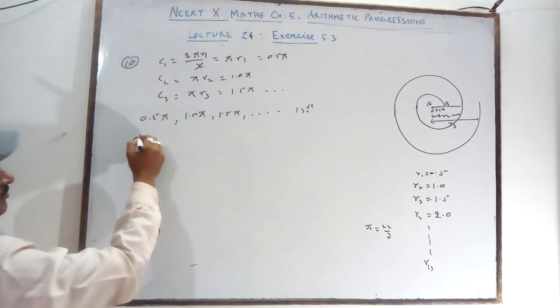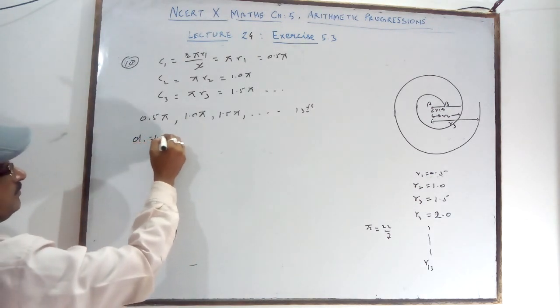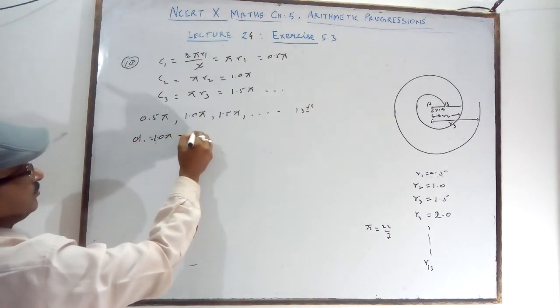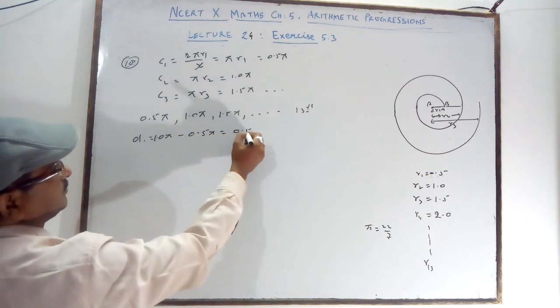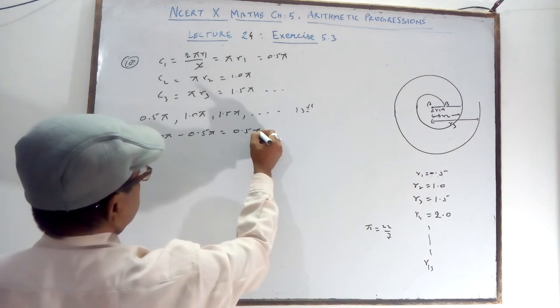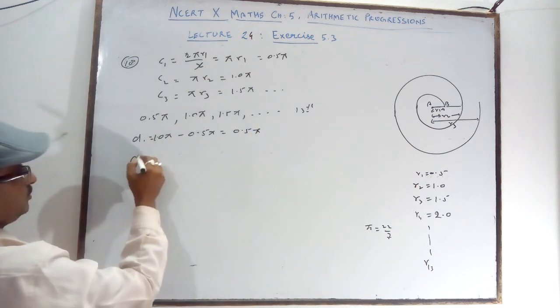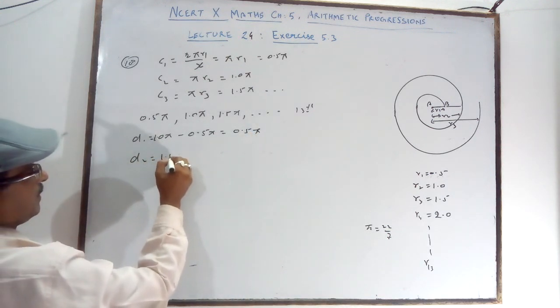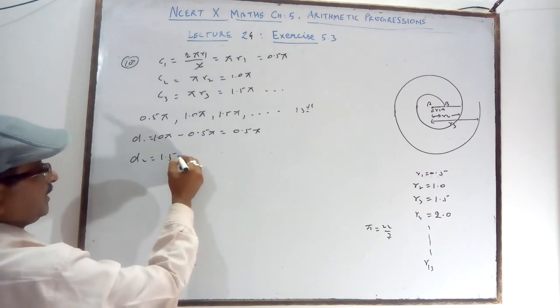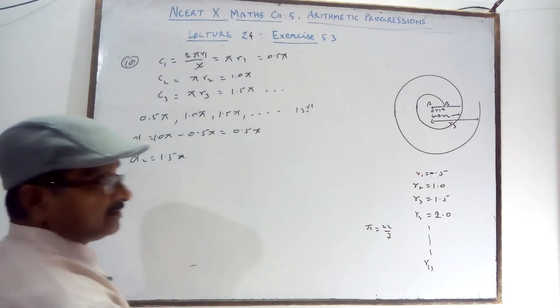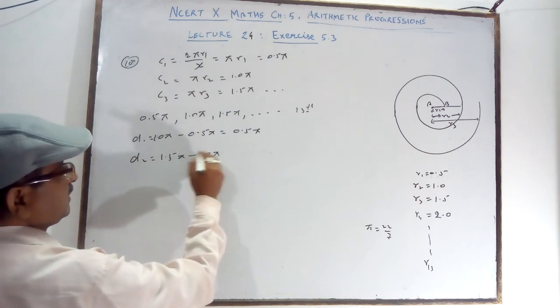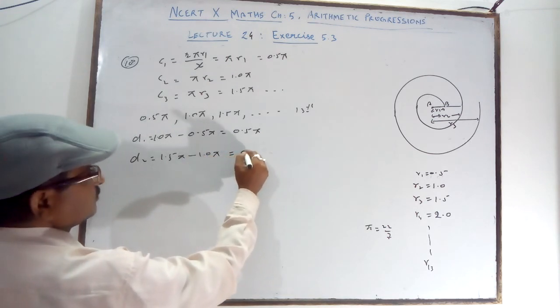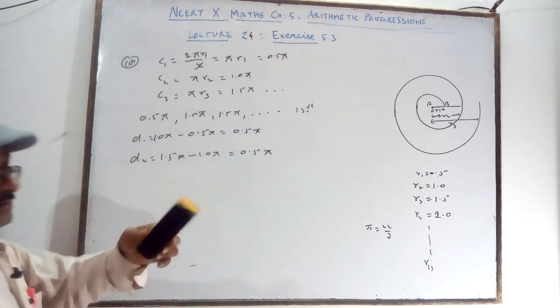So what is D1? D1 is equal to 1.0 pi minus 0.5 pi, that is 0.5 pi. D2 is equal to 1.5 pi minus 1.0 pi, which is 0.5 pi.